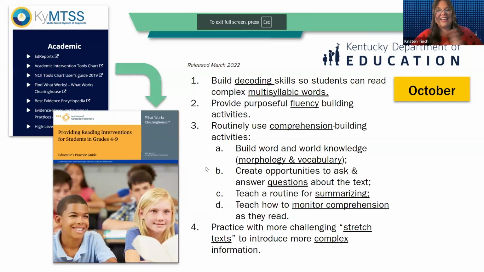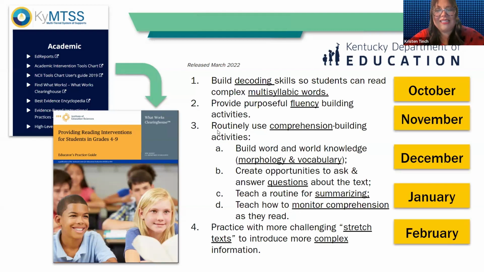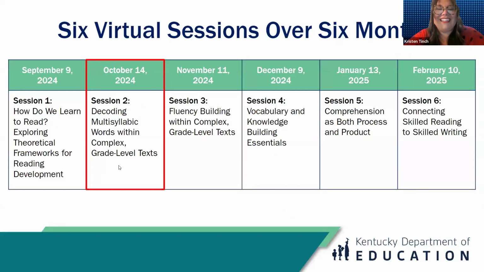So speaking of that guide, Lee and I did not just randomly think, what should our sessions be about? All of the sessions that are coming up over the next 6 months are based on research and evidence of what we know students need, even as an older student, to be a proficient reader. And so here we are in the second month of our learning. It's crazy to think we're already in session 2, but you can also see where we're heading.